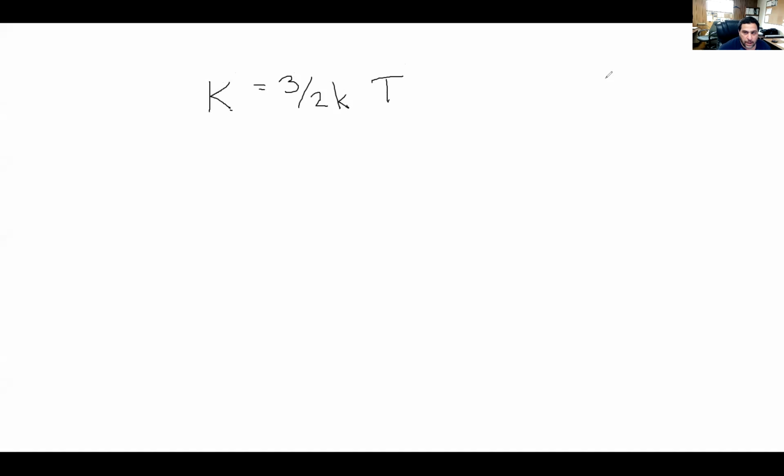Okay. So 37 degrees Celsius is 310 Kelvin, so 37 plus 273. So 3/2, the Boltzmann's constant is 1.38 times 10 to the minus 23rd joules per Kelvin.